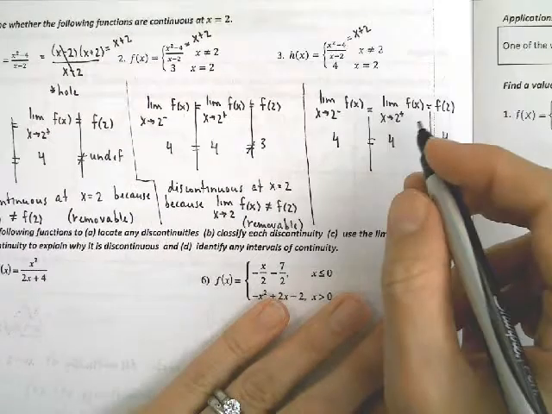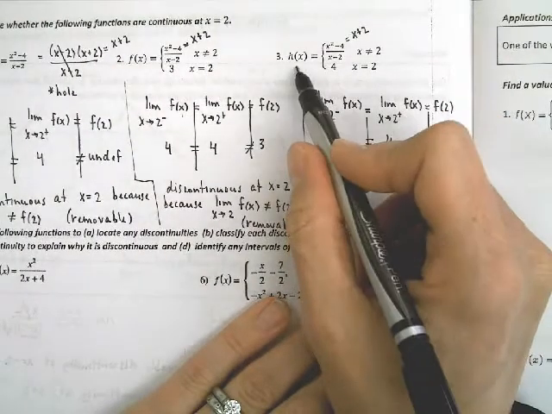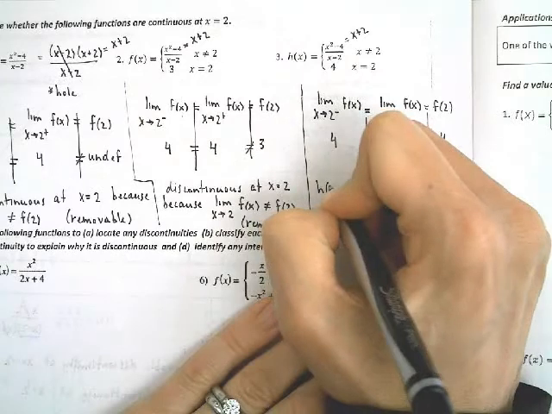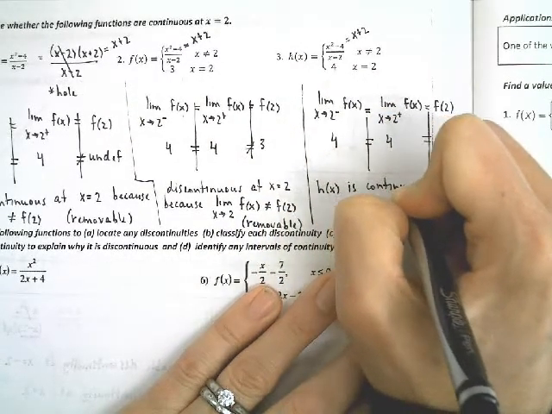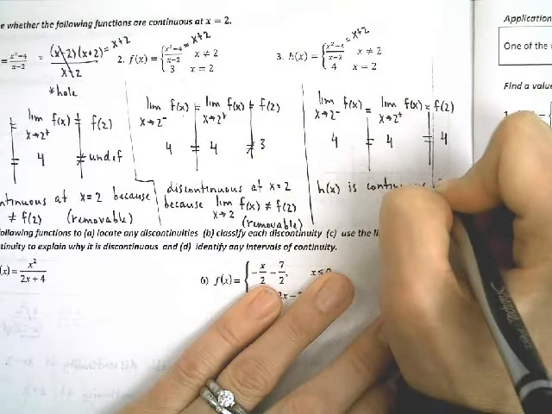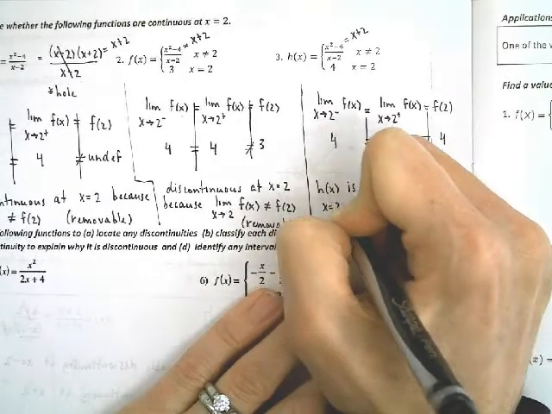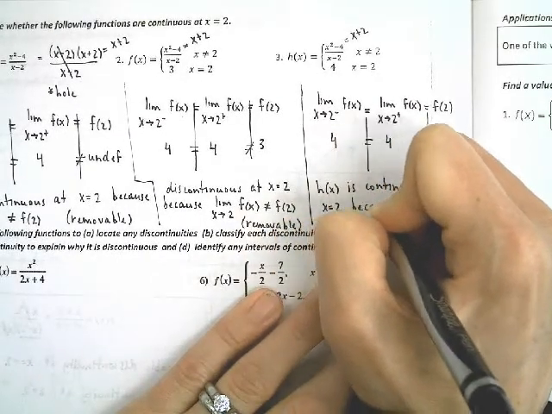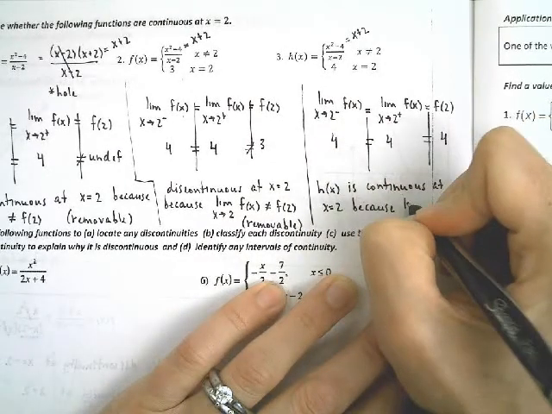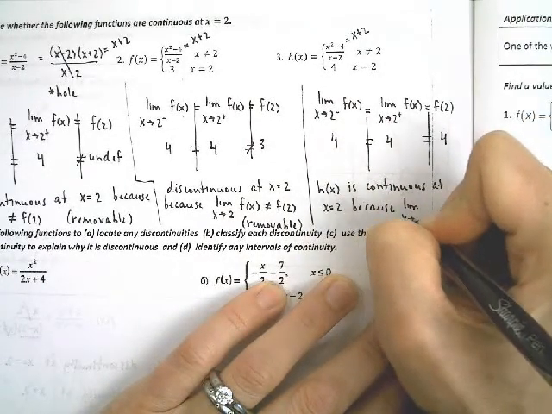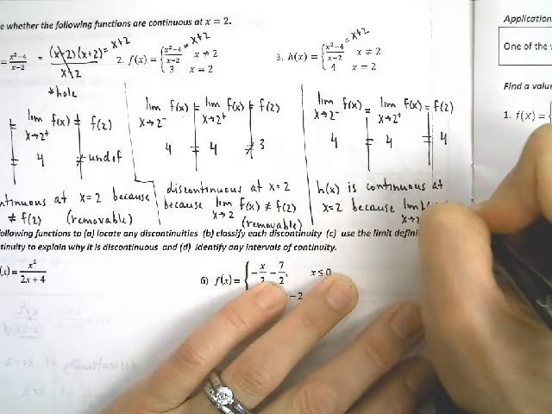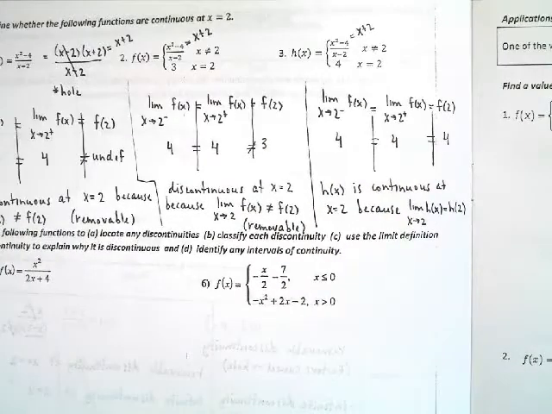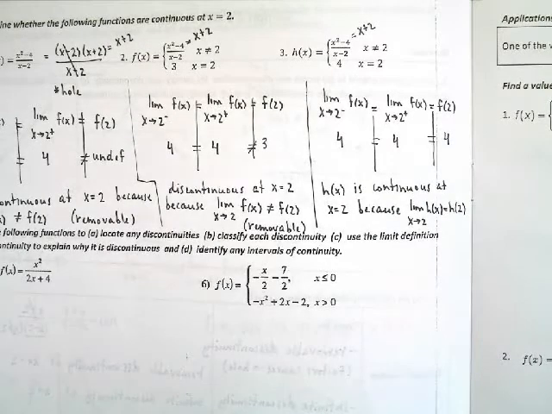So now I can say that, let's see, I want to be careful here, h of x is continuous at x equals 2 because the limit as x approaches 2 of h of x is equal to h of 2. So that two-sided limit is equal to the function value.